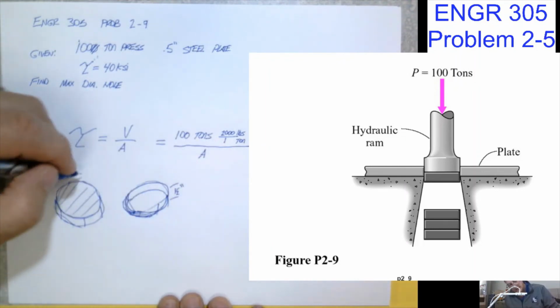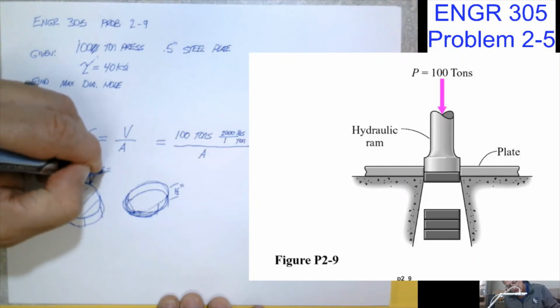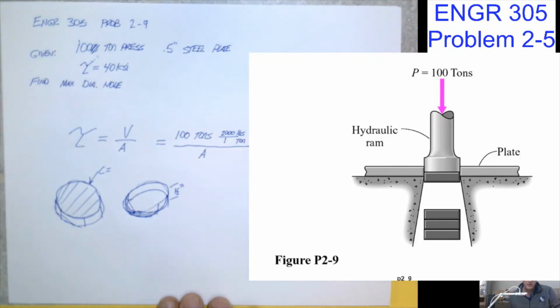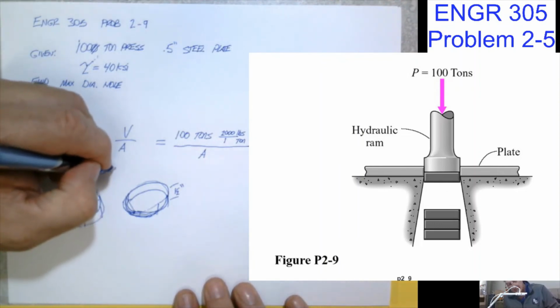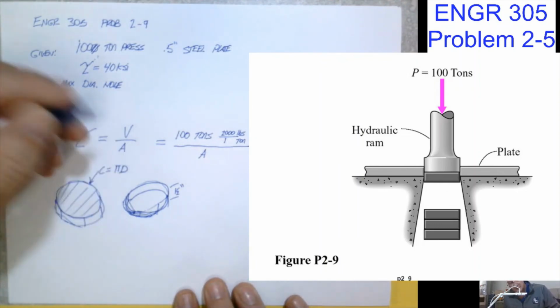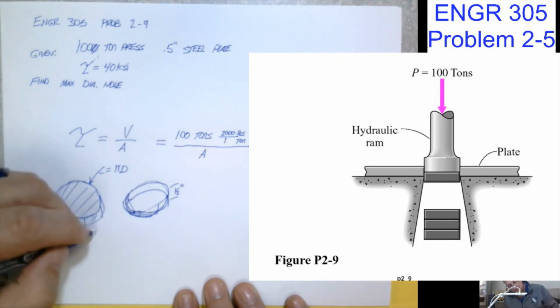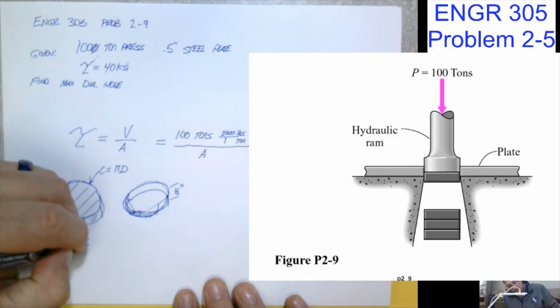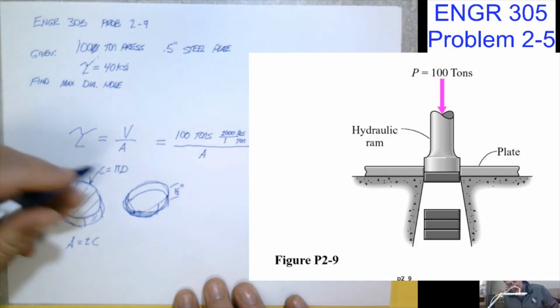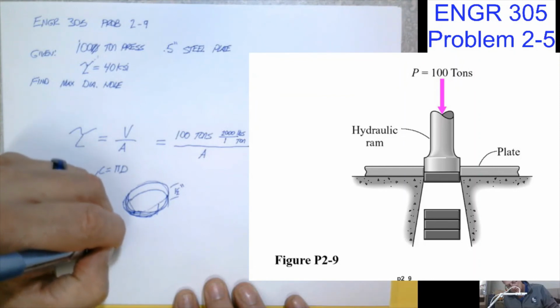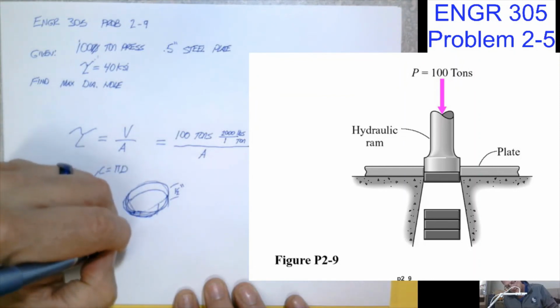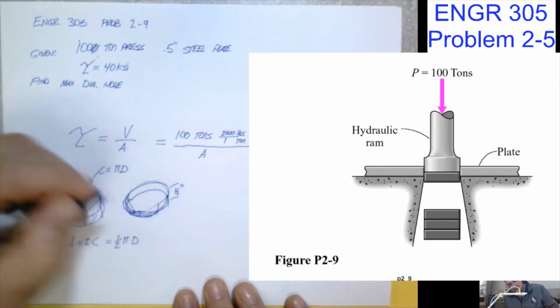So that area, this circumference is equal to, do we want to do this in terms of area or diameter? It's asked for our diameter, so that circumference is pi d. And so then this area that we're talking about is equal to the thickness times the circumference, equal to 1/2 pi d.